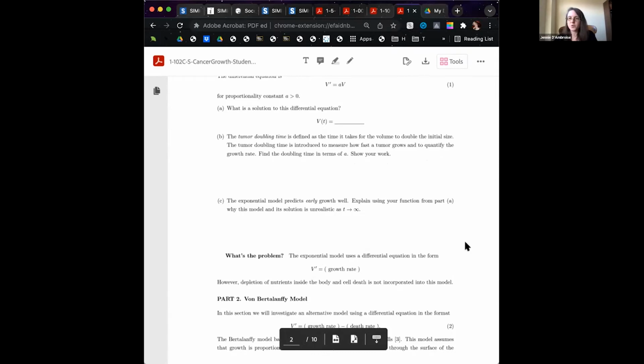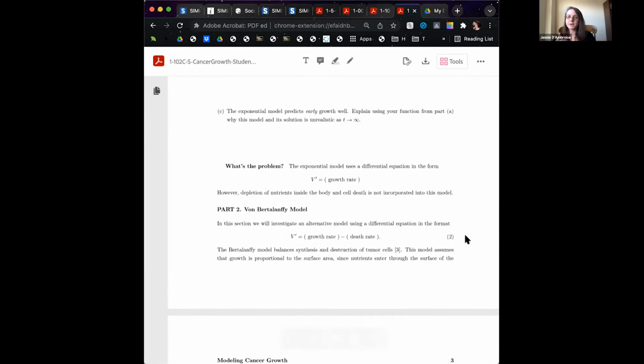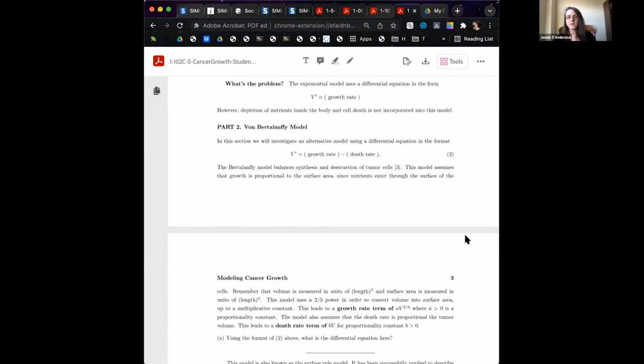Well, that means that the tumor is going to grow to infinity. That's also physically impossible. So how can we modify this? To introduce the next model, I tried to motivate it using the fact that the growth of the tumor would go to infinity, to say, okay, how can we change the model to make it more realistic?